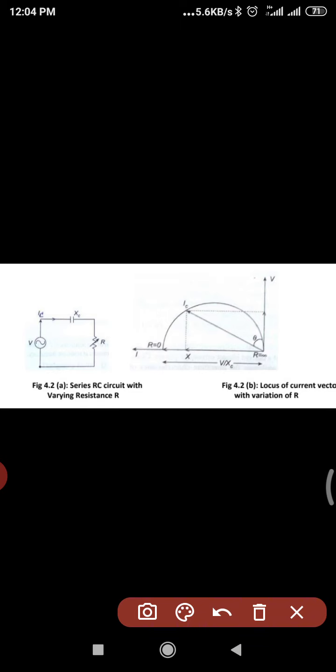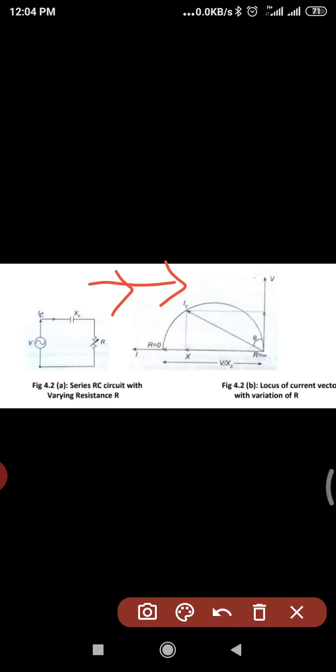What is the phasor diagram for the first one? If this is the current wave, voltage lags by 90 degrees. This is for a pure capacitive circuit. That means voltage is lagging by 90 degrees. If we consider a pure resistive circuit, the voltage and current are in phase. Okay?